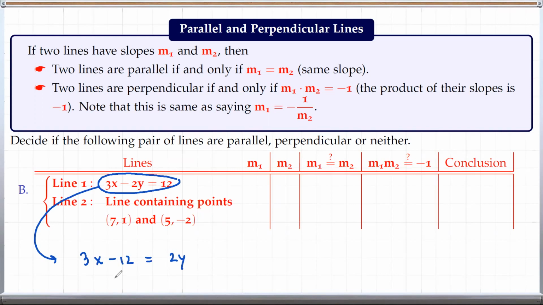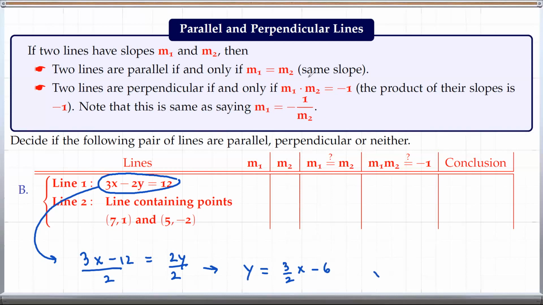Now the last part, we can just divide both sides by 2, since we want to get rid of that 2 over here. So that will give us, on this side, just y equals, and on that side, we have 3x over 2, which is 3 by 2 x, negative 12 by 2, which is negative 6.